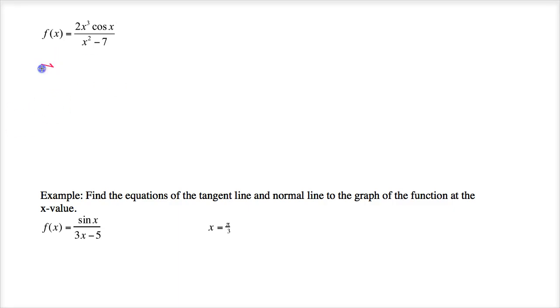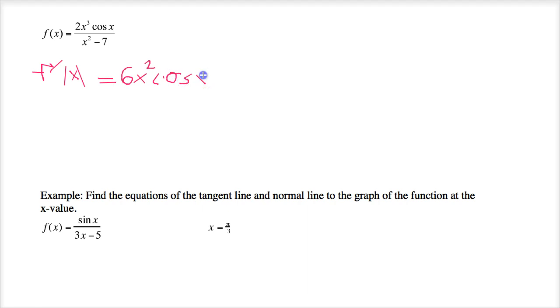So this is what I'm going to do. I'll start off f prime x equals the derivative of the first one. And the derivative of the first one, you may notice, is 2x to the third cosine x. So the derivative of the first one is a product rule. So here's the first one, here's the second one. The derivative of the first one is 6x squared. Leave the second one alone.